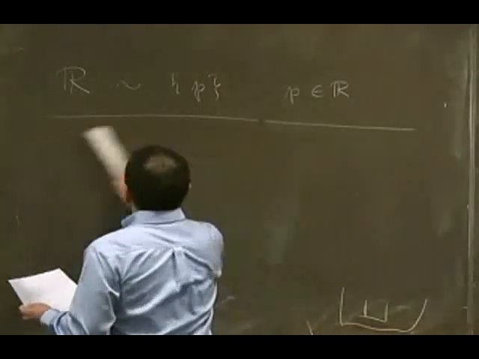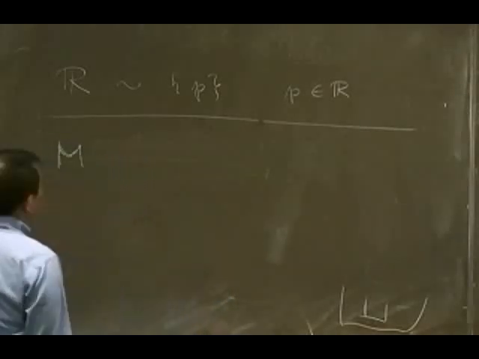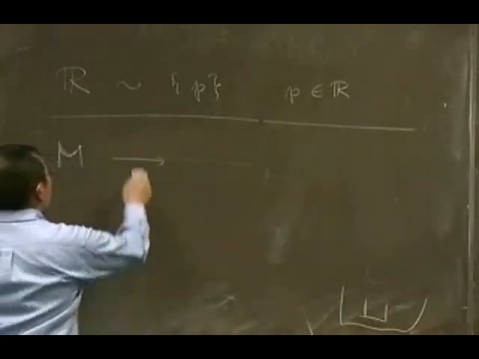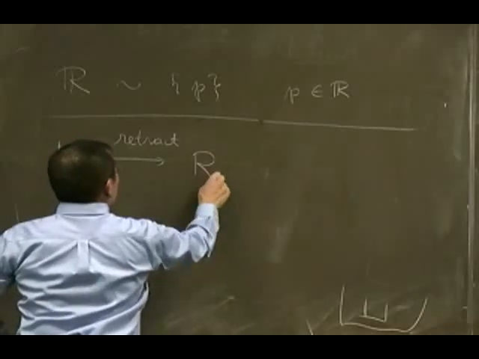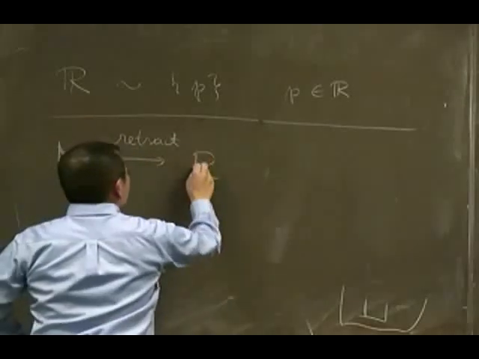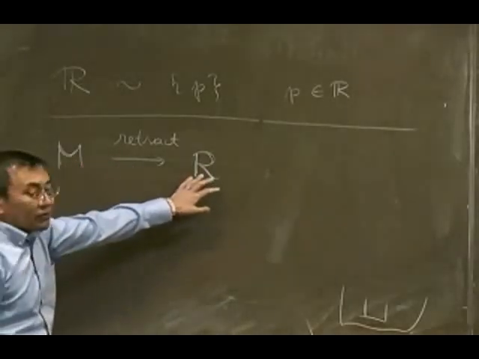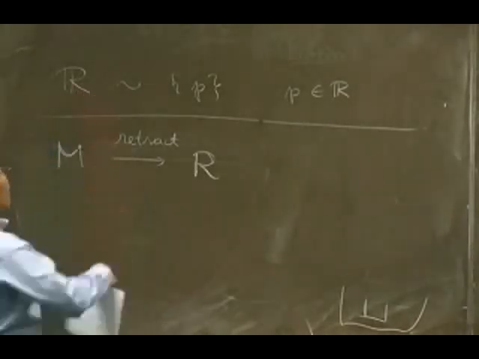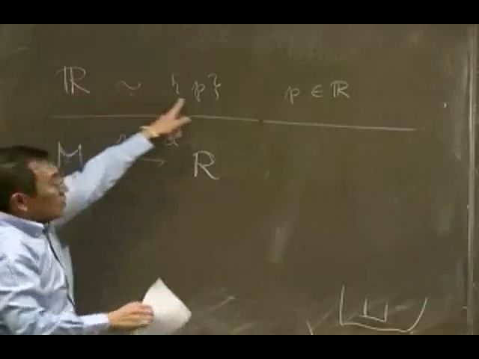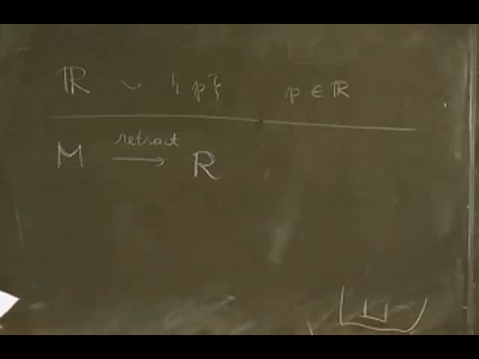We say that a topological space M can be retracted to another space R if the following is true. This R has nothing to do with real numbers, it's some topological space. For example, in this case, the space of real numbers is going to be retracted to a point. This is a more general notion.